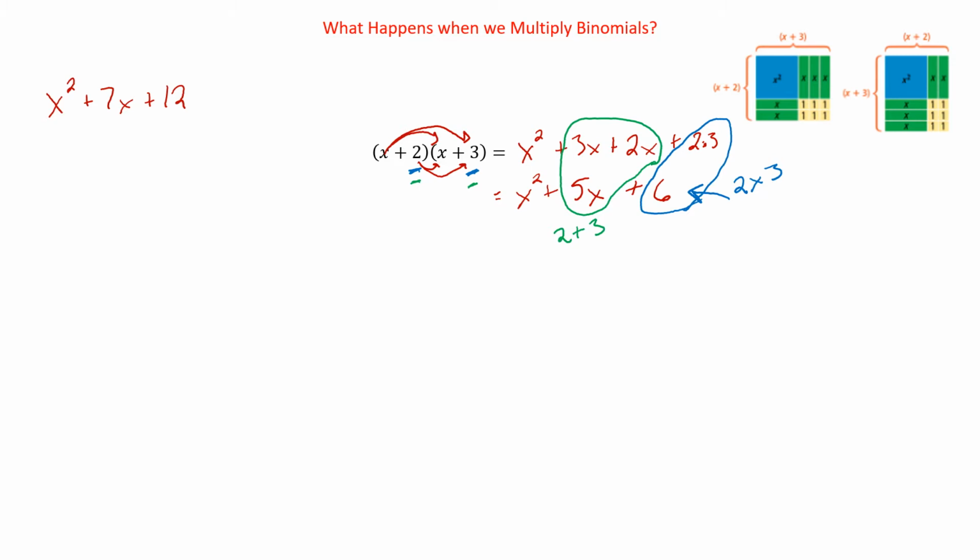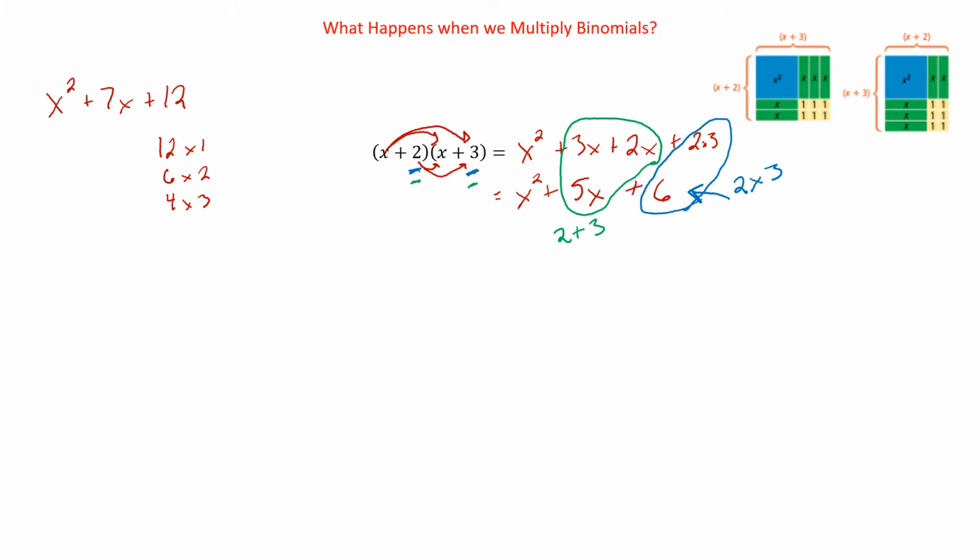Let's look more at the 12. What times what could equal 12? We could have 12 times 1, 6 times 2, 4 times 3, or 3 times 4, 2 times 6, and 1 times 12. We don't need to worry about flipping the order on those.